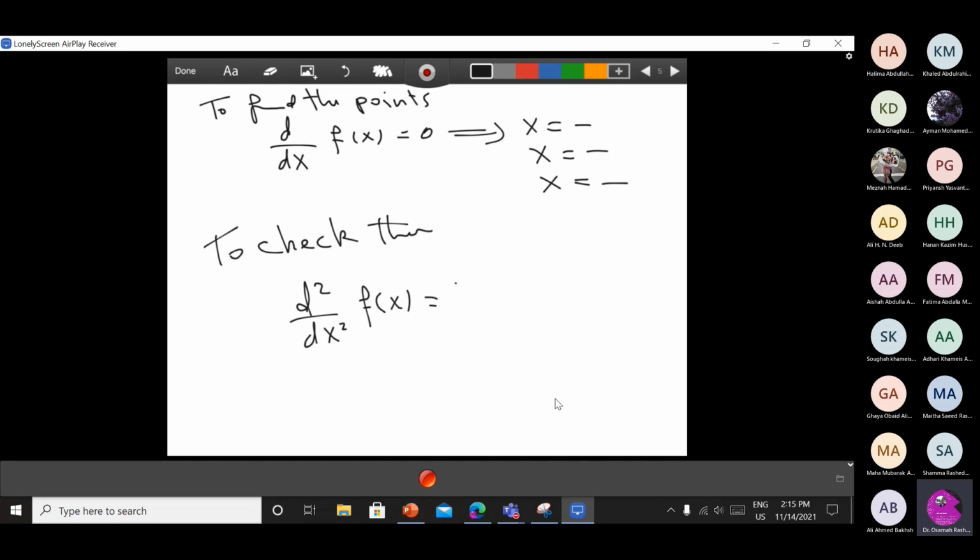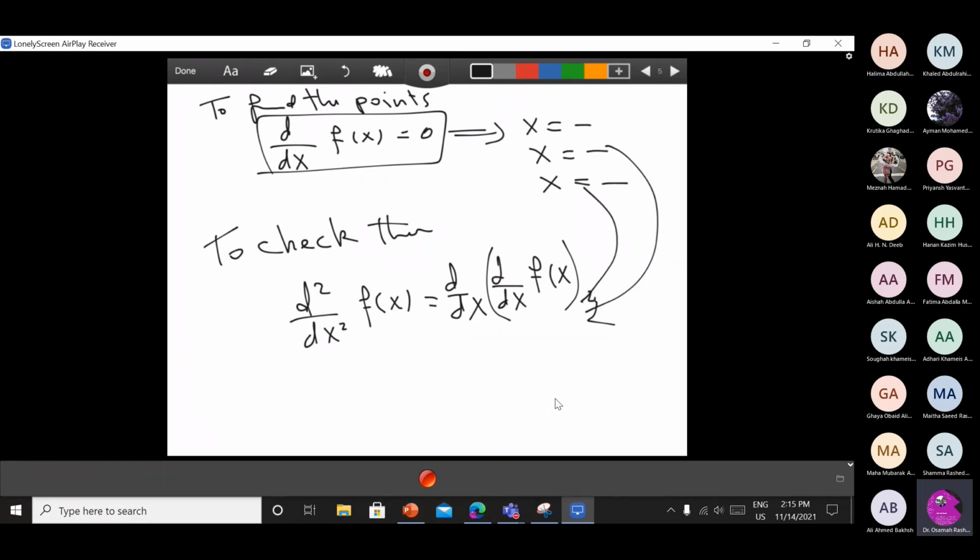The second derivative is the first derivative of the first derivative. You already have it here. You differentiate it again and substitute by this x here. The one that gives this positive will be a minimum. The one that makes this negative will be a maximum.